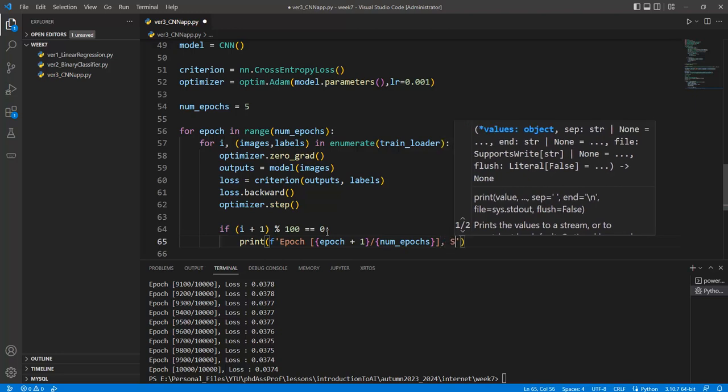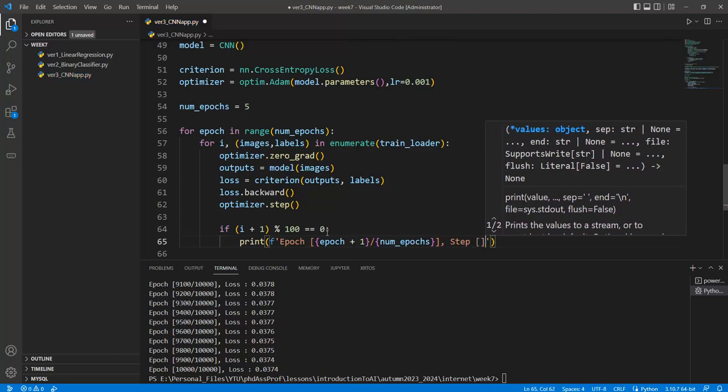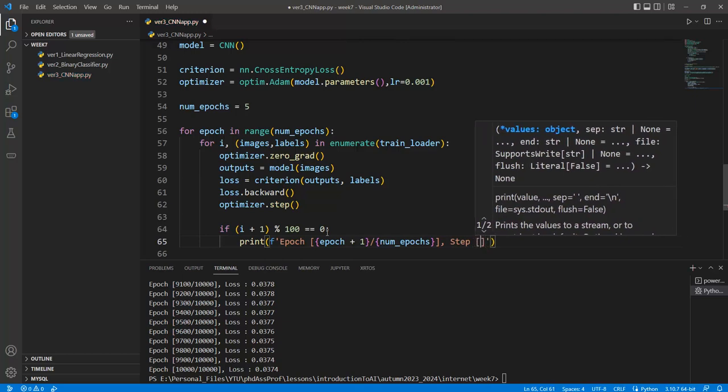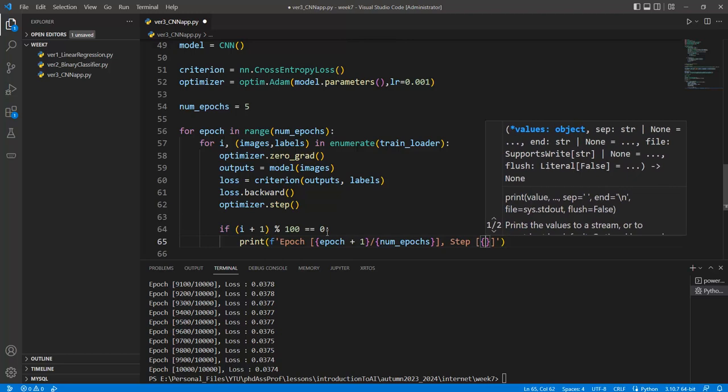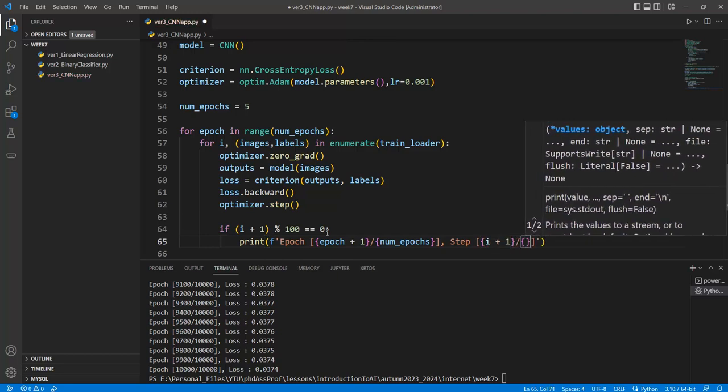And so this step is also given here with the i plus 1 divided by what?